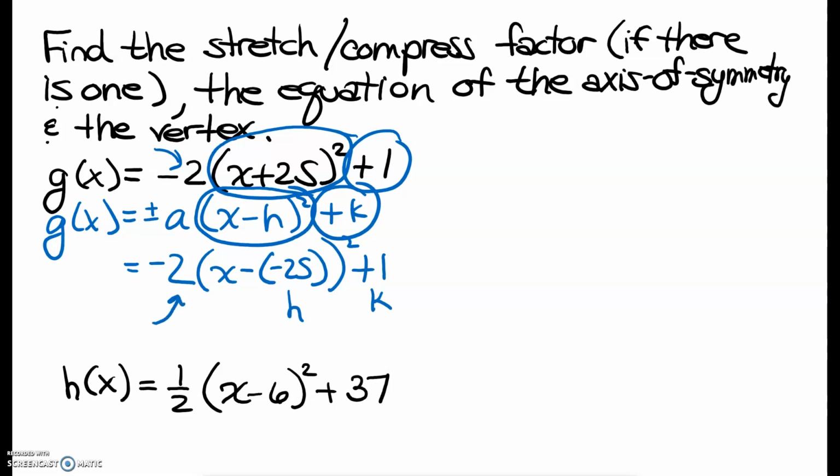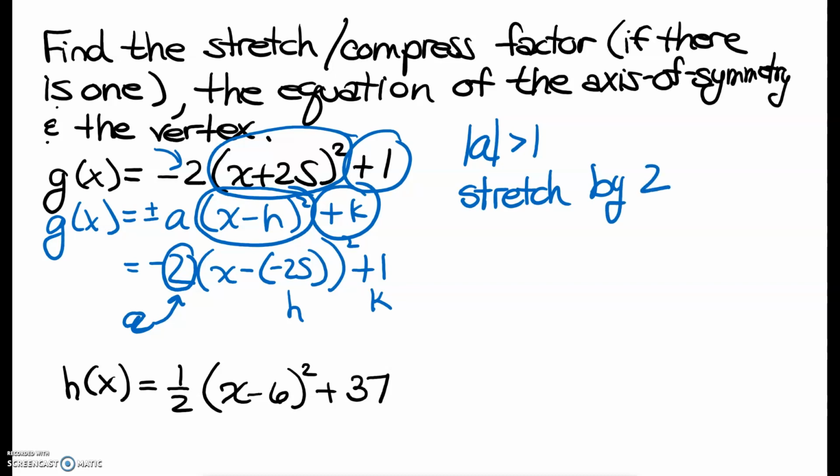Let's see, this right here is my a value. Okay, that's my a value. So the absolute value of a is greater than 1. So I have a stretch by 2. h equals negative 25, k equals 1.